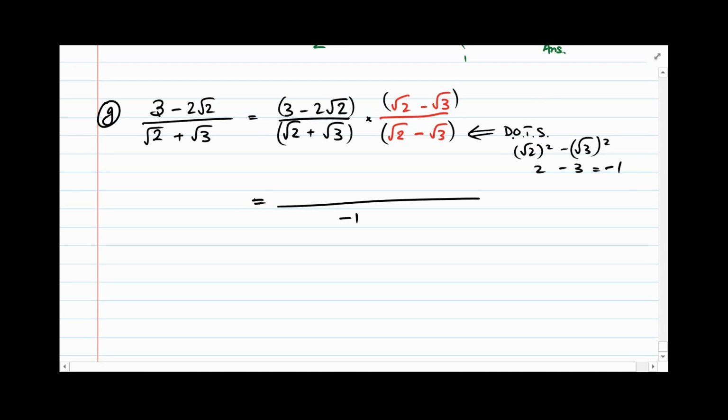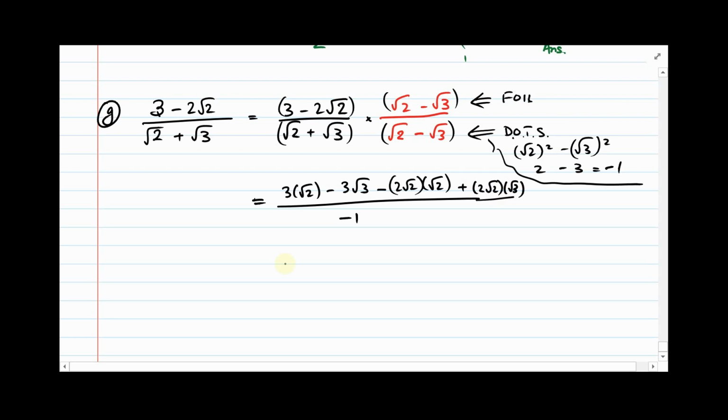Numerator. Well, it's not perfect, so this time we will have to use the FOIL method. And in using the FOIL method, we have 3 times root 2, so the first term, 3 root 2, then outer, minus 3 root 3, inner was minus 2 root 2 times root 2, and the last term was minus and minus is a plus, so 2 root 2 times root 3.